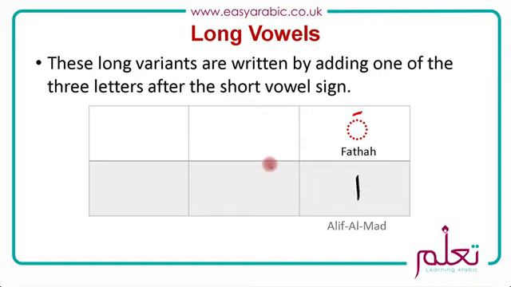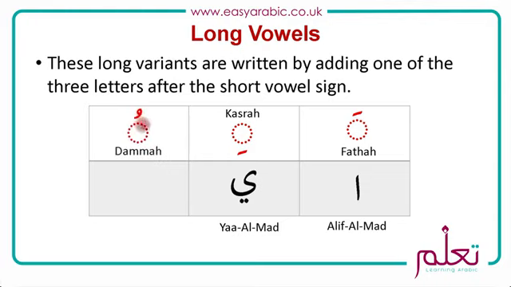Next is the kasra, with the letter ya, which is called ya al-mad. The alif is called alif al-mad, and finally the dhamma takes the letter waw, which is called waw al-mad. So we've got alif al-mad, ya al-mad, and waw al-mad.